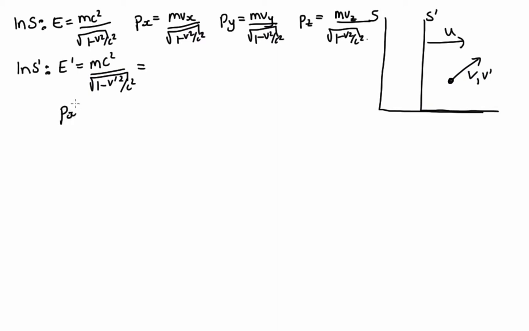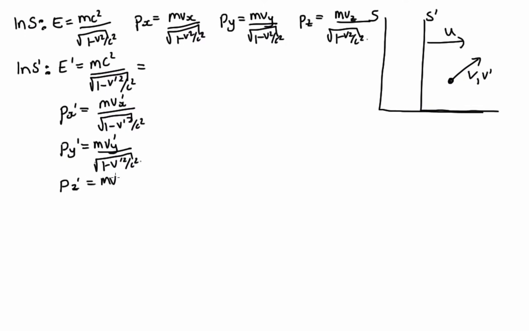So we've got px prime is equal to m vx prime over the square root of 1 minus v prime squared on c squared. We've got py prime is equal to m vy prime over the square root of 1 minus v prime squared on c squared, and pz prime is equal to m vz prime over the square root of 1 minus v prime squared on c squared.